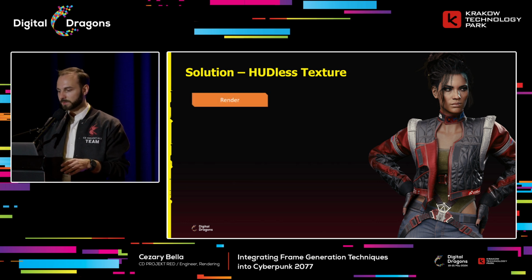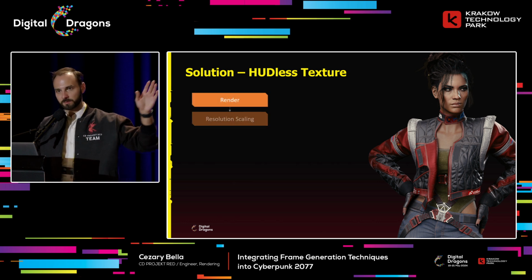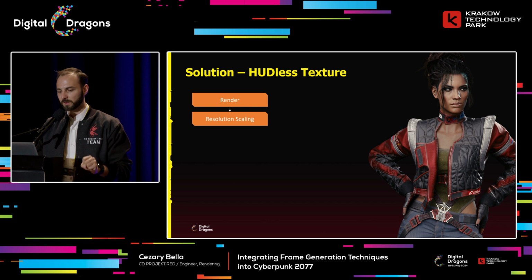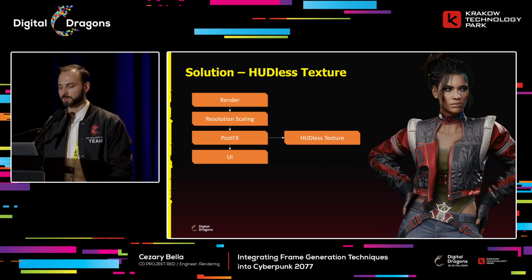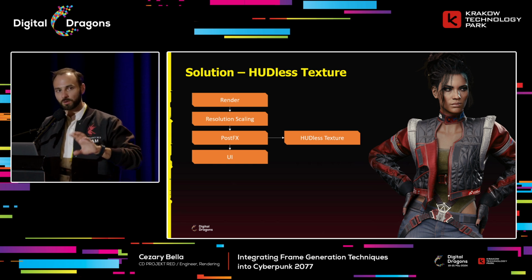So yeah, the headless texture. We do have our rendering pipeline, right? Then we do have our resolution scaling, post effects, and then from here we're generating the headless texture. So before we go to drawing the UI as the last part of our game, we tag the additional texture that is called headless texture that doesn't have HUD. It has all the things already.